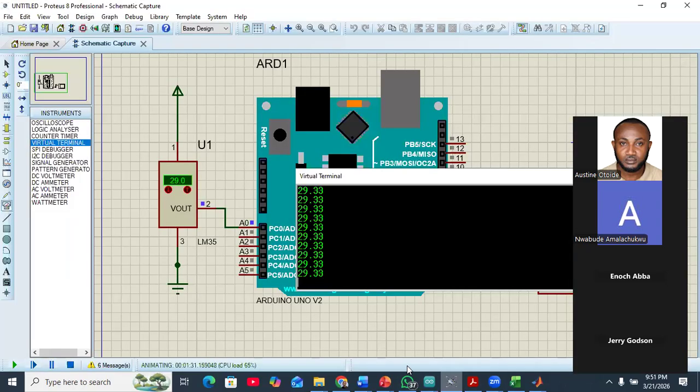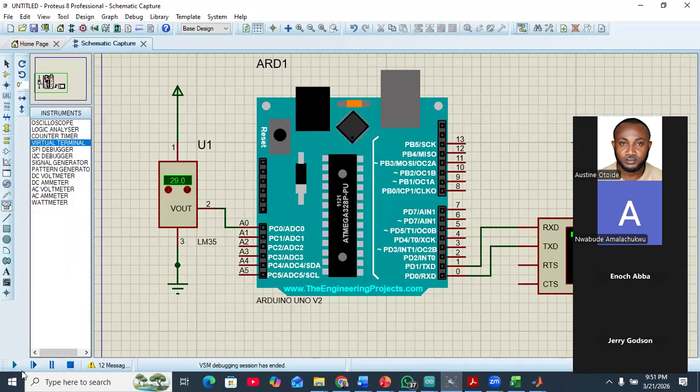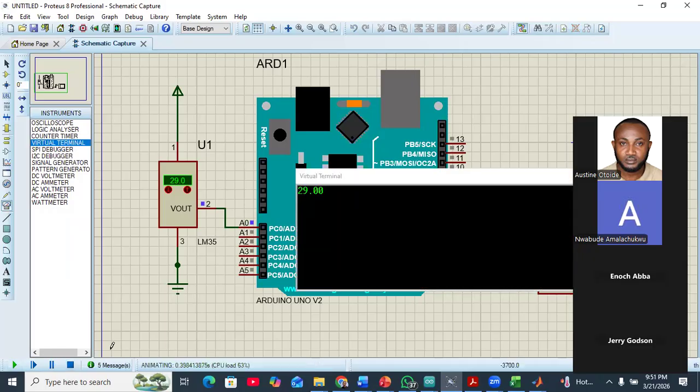We've almost exhausted our time. Judith, can you see the effect now? Is Judith still there? Yes, I'm seeing it.